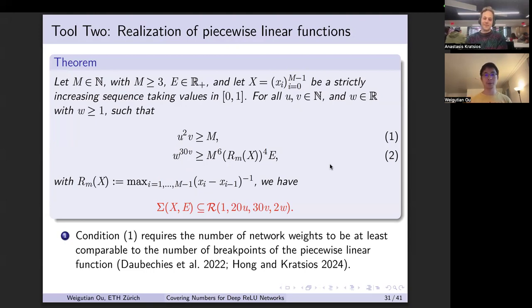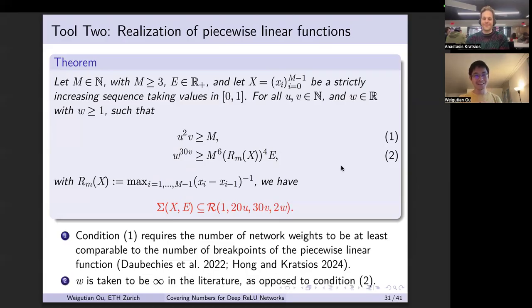But I suppose both of your papers don't care about the weight magnitude, so you don't really control how the weight looks like. And so in our paper, we try to characterize exactly how W has to be in order to realize a piecewise linear function with infinity norms at most E. So that's why we impose another condition 2.